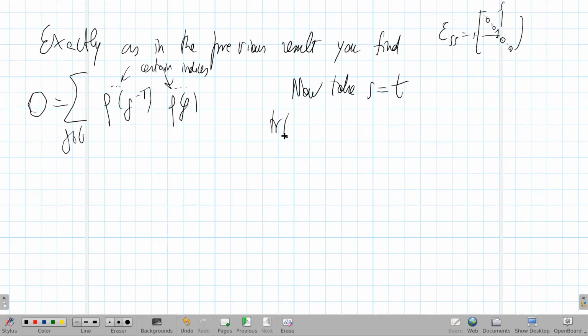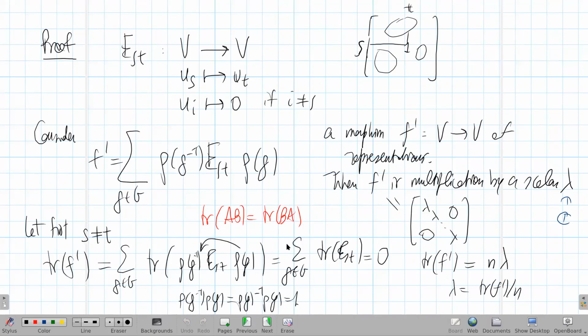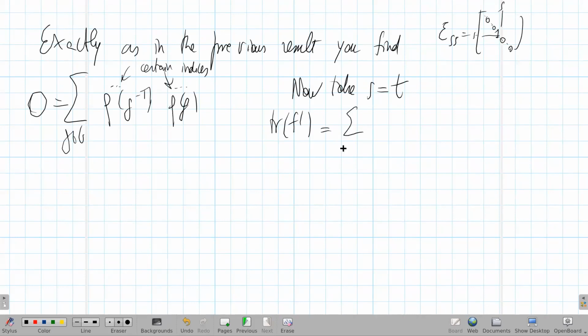So if you do the trace of F prime, exactly as we do here, we'll find that it's a sum over G of the trace of E_SS. This is 1 because there's exactly one 1. And so if you're summing a 1 over G, this will give you the order of G, because it's 1 plus 1 plus 1 as many times as the order of G.